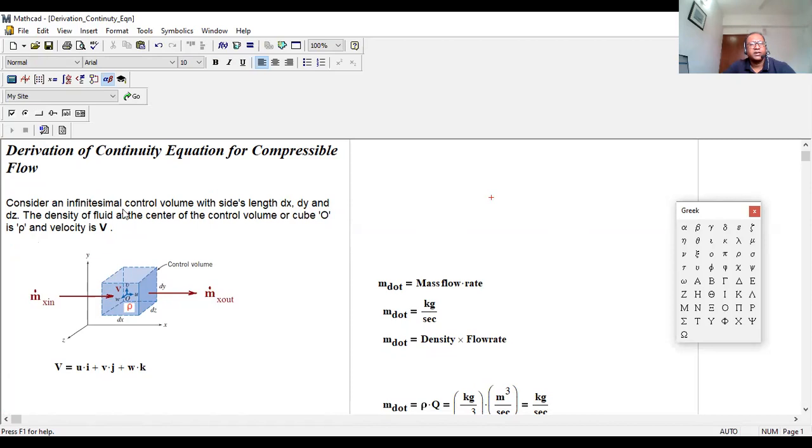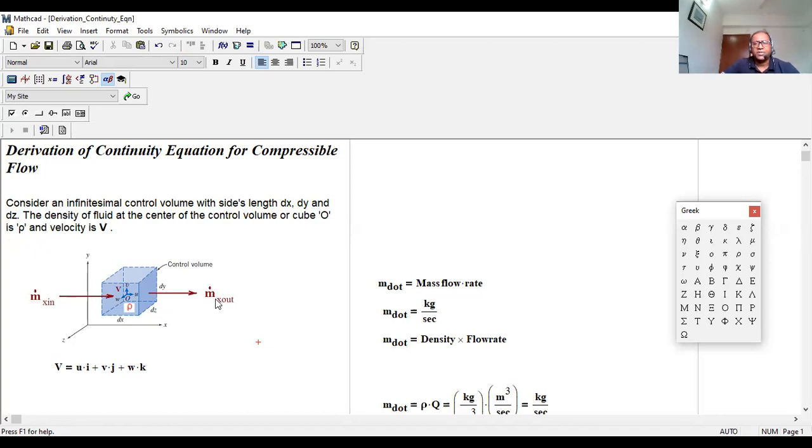Consider an infinitesimal control volume with side lengths dx, dy, dz. The density of the fluid at the center of the control volume, O, is rho, and the velocity of the fluid particle is the vector V. That's why I bolded it. Along the x-axis, some mass enters the control volume and some mass leaves.